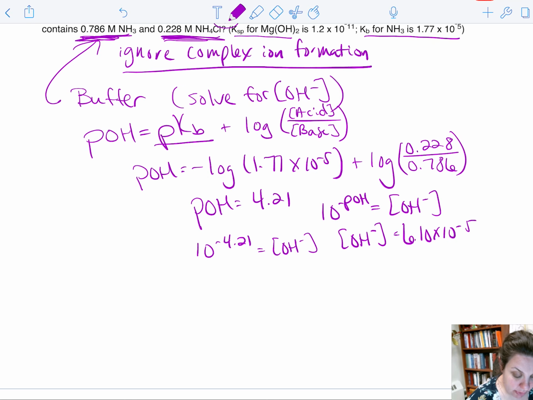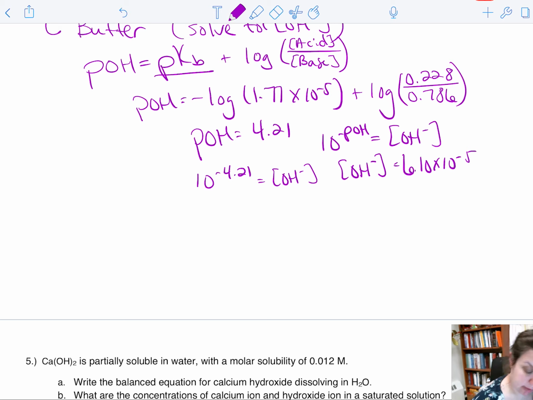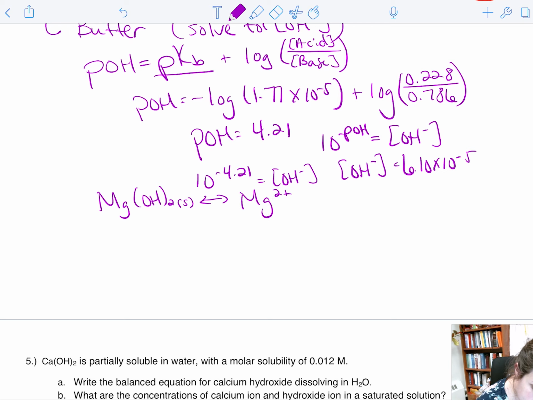We can then put that into our Ksp expression and solve for magnesium concentration. So if we have Mg(OH)2, as that dissolves, we produce magnesium 2+ ions and 2 hydroxide ions. So our Ksp expression in this case would be magnesium 2+ times OH- squared.